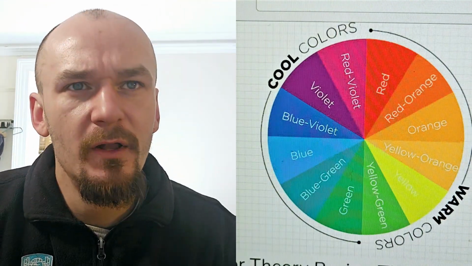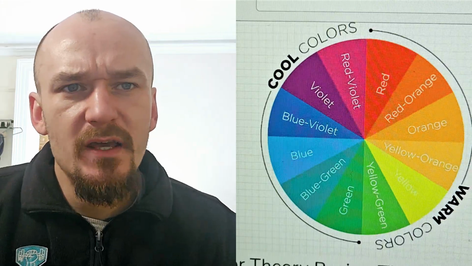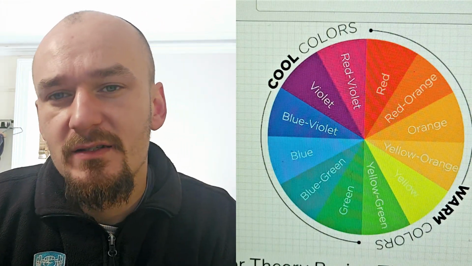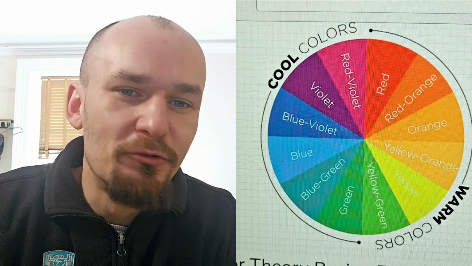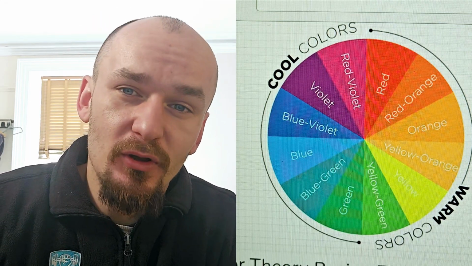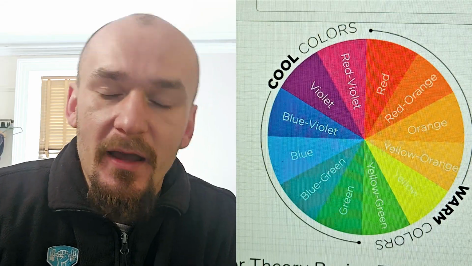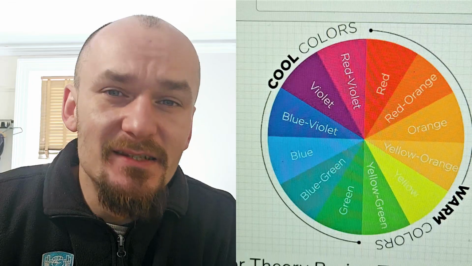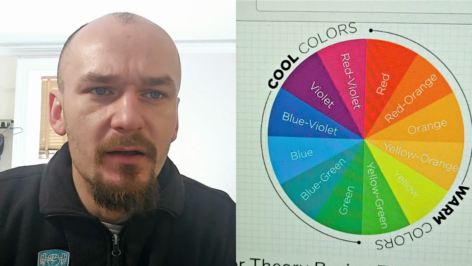Okay, and I would say by and large, the main reason why colour matters is just because you want to be able to create an image which is as either visually striking as possible or visually aesthetic as possible, and you want to basically maximise your artwork's ability to portray the message behind it.